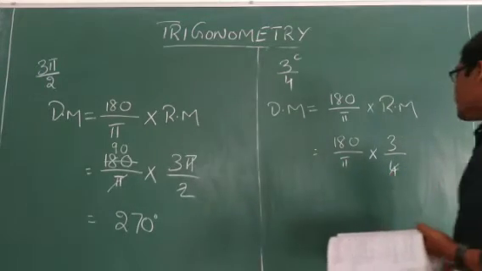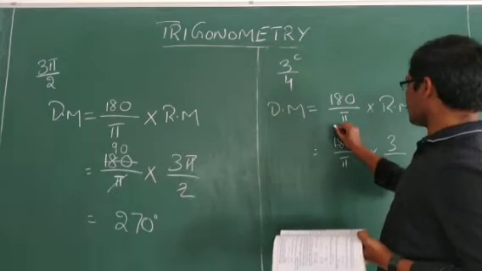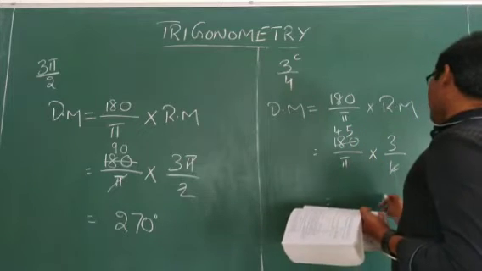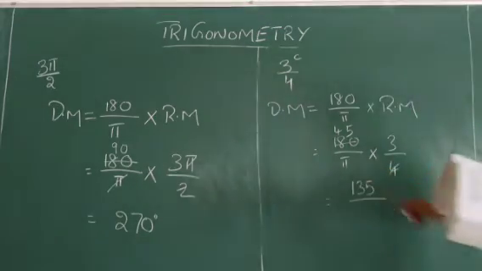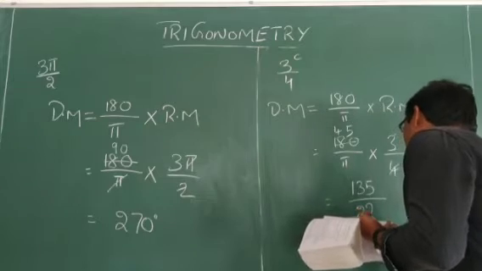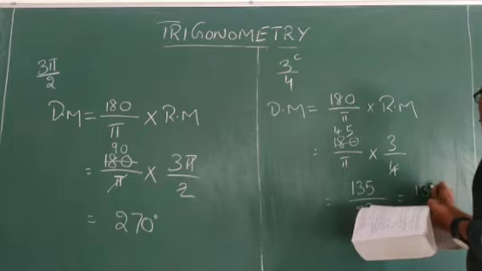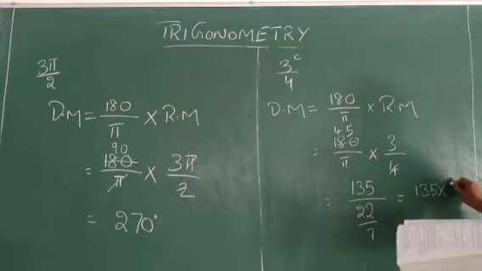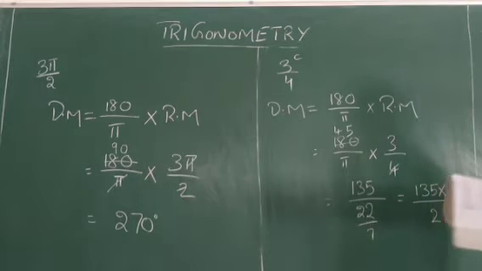So again we can cancel 4 times 45. So we get 45 into 3, 135 by pi. Here pi can be written as 22 by 7, which is equal to 135 into, taking the reciprocal, 7 by 22.